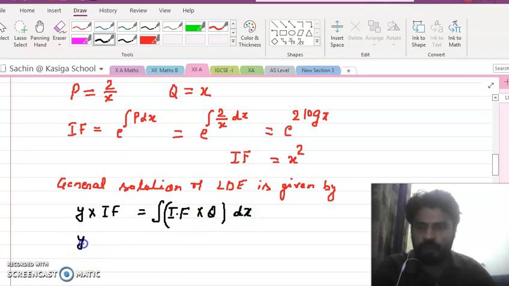So y into IF, IF is x square, so write x square y is equal to the integral of IF, which is x square, and your Q is x, dx.